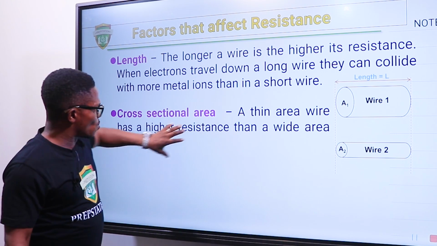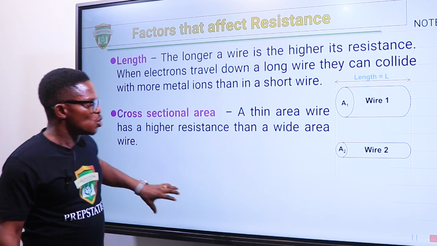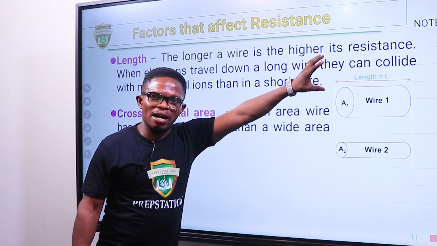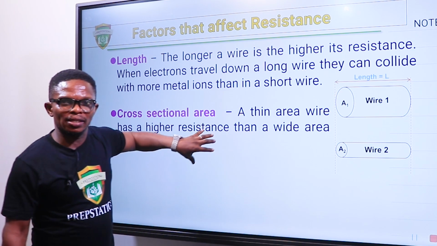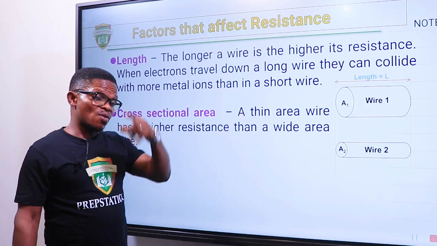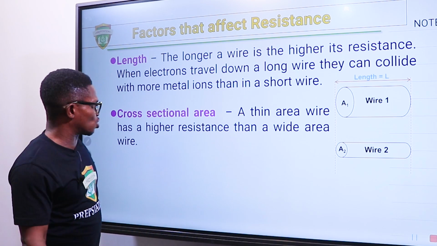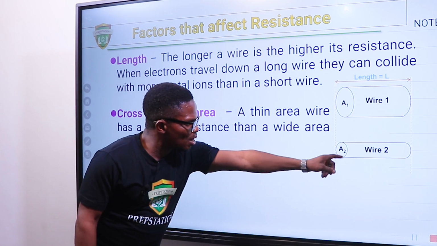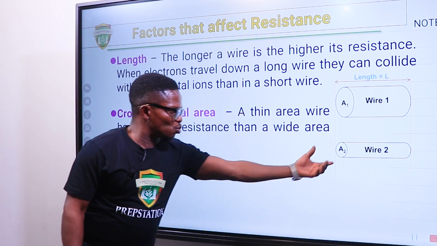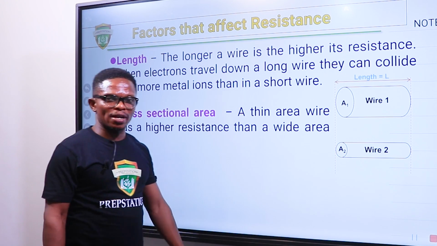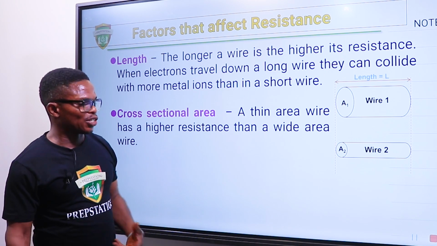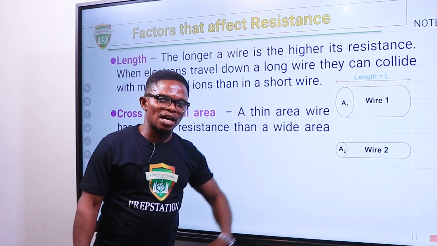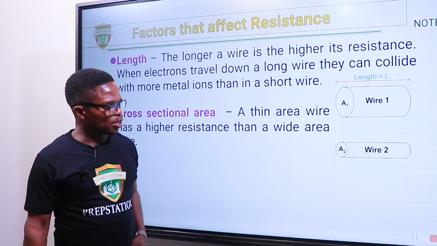And that is exactly what happens in the electrical circuit. A wire with a larger diameter, a larger cross-sectional area, produces more current. And of course, more current means a decrease in resistance. A wire with a smaller cross-sectional area produces smaller amounts of current because the resistance is high. That is why, even in home electrical installation, we check the size of wire used for electrical connection.